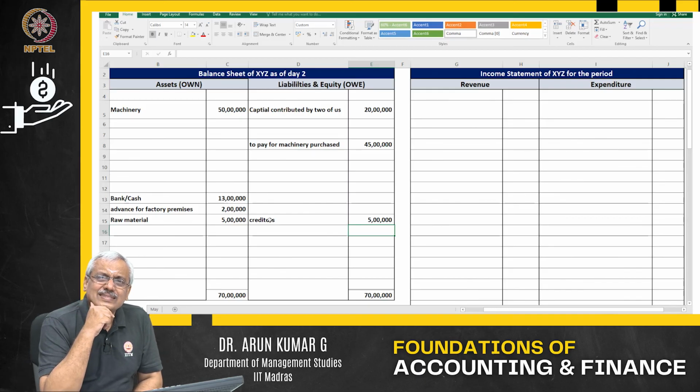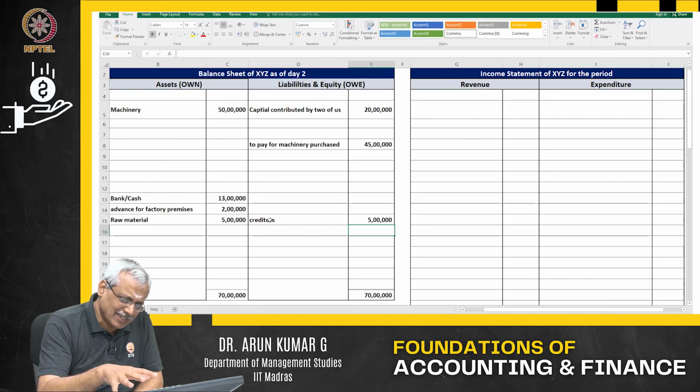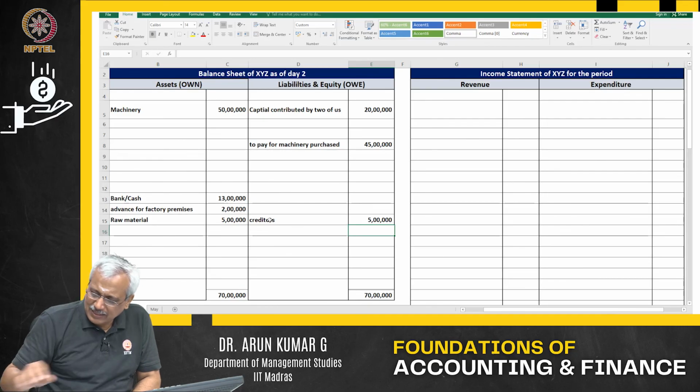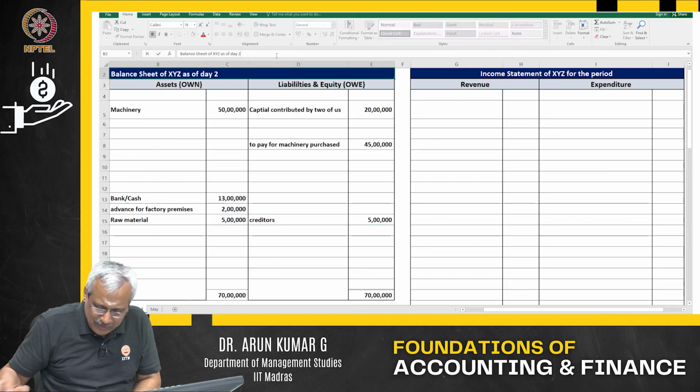Continuing this, so far I have not involved the income statement and the P&L. Let us involve the P&L statement also. Now I move to day 3. Let us say balance sheet as of day 3.